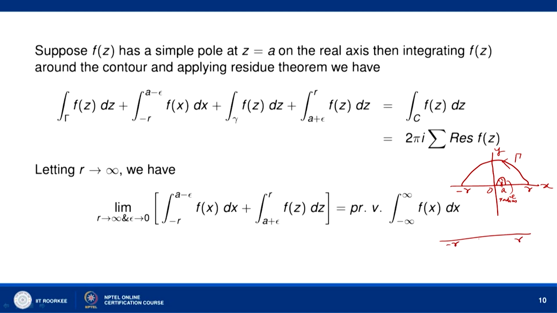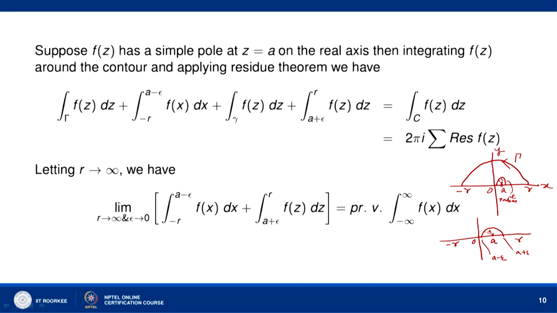I have made a small circle here of radius epsilon, and here is your origin. This point is a minus epsilon, this point is a plus epsilon, because epsilon is the radius.